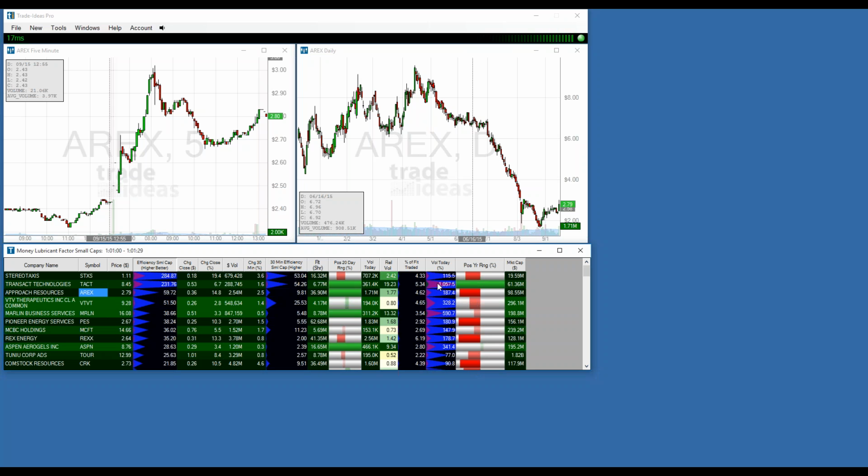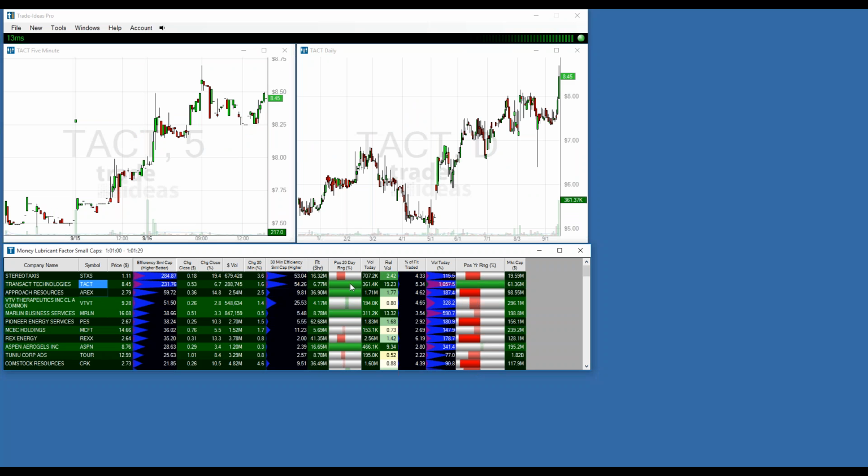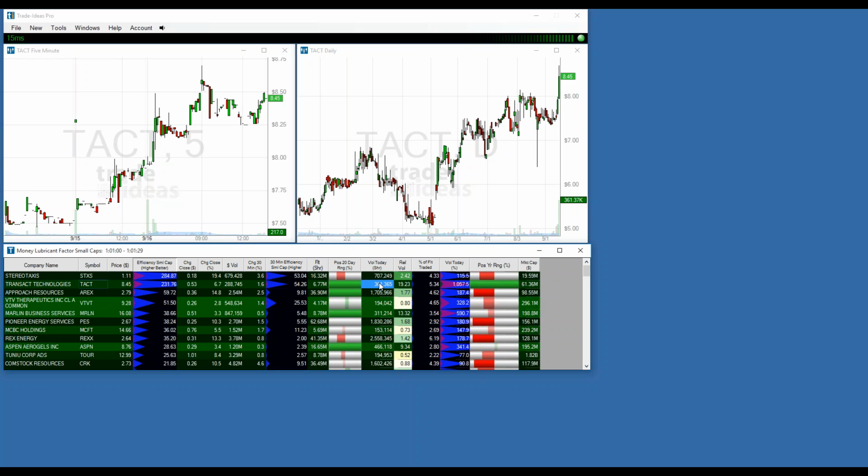The volume today percentage on Transact, the one we were talking about right here, is about 1,000%. Relative volume is super huge on that one as well. If you look at those daily volume bars down at the bottom, today's volume bar really stands out, and that was indicative of that relative volume column. I'm sure that was highlighted super early in the trading day.